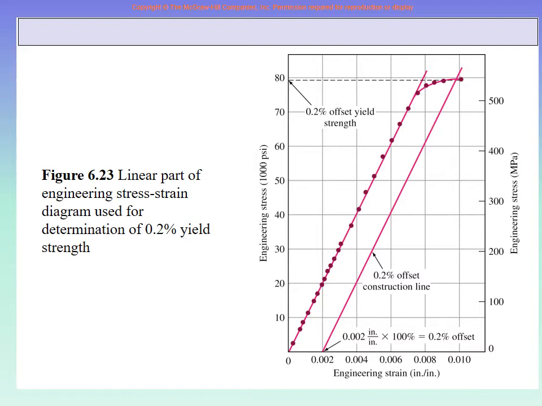But if it is very smoothly merging into the nonlinear part, and you cannot decide where exactly the straight line is ending, then on the strain line you mark 0.002 or 0.2%, right? 0.2% is 0.002, same point. So you mark that point on the strain line and then make a line parallel to the elastic region, a straight line, and wherever it cuts the curve, there you mark, and that is the offset yield strength. This is where we stopped last time.